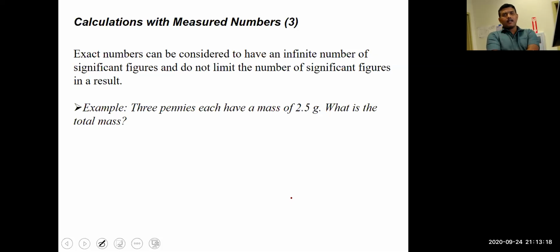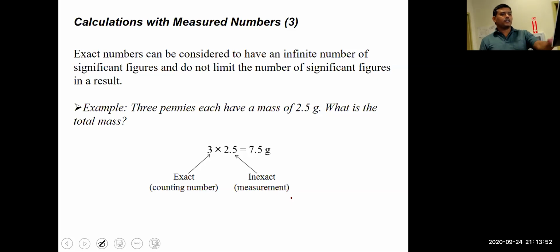All right. And in some cases you will work with exact numbers. Exact numbers are considered infinite, and they have no effect in deciding how many significant figures you should have in your final answer, because exact numbers are not measured numbers. So we don't count them towards how many significant figures you should have.